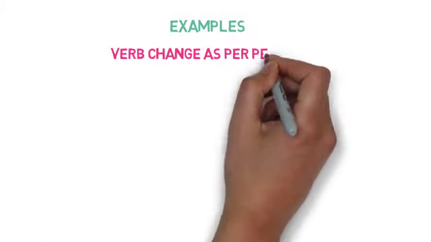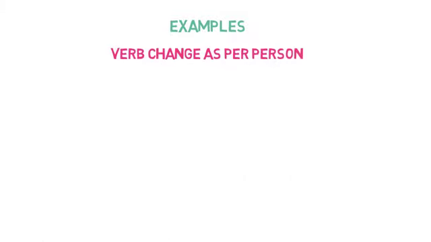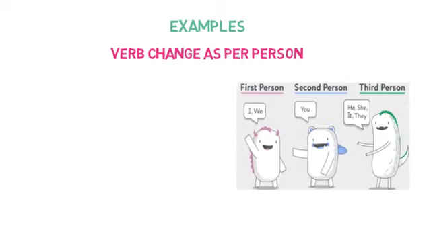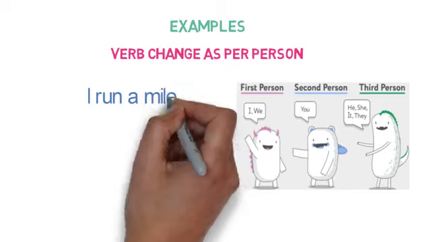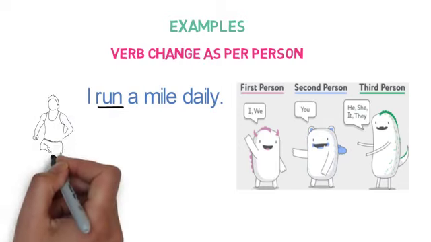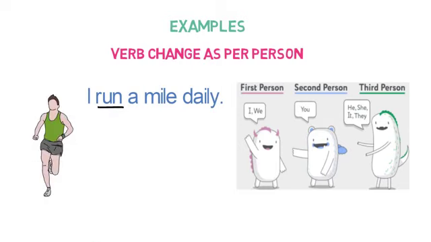Now that you are clear how finite verbs change as per tense, let's look into the example of verbs that change as per person. That is, it changes as the subject is in first, second or third person. I run a mile daily. The subject I is in first person. Here the verb is run. Now let's look into another sentence. He runs a mile daily.